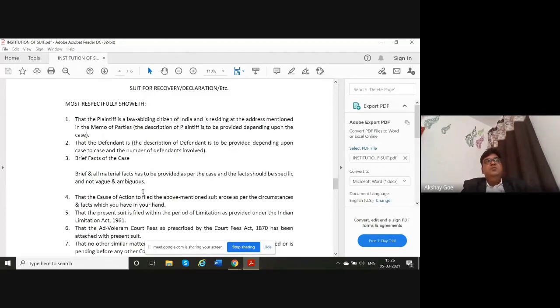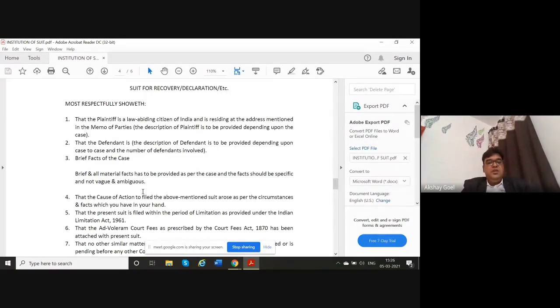If you raise a demand today, that is 5th of March 2021, the 3 years will start from today and end on 5th of March 2024. In case you do not file your suit within the period of limitation, the suit is barred by limitation and it will be dismissed on the ground of limitation itself. You need to see that your suit is within the period of limitation.